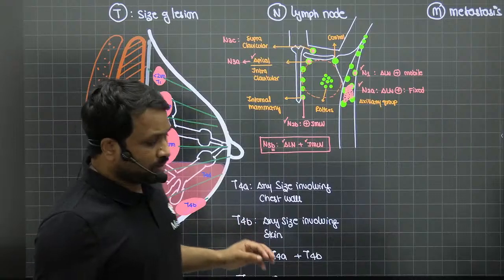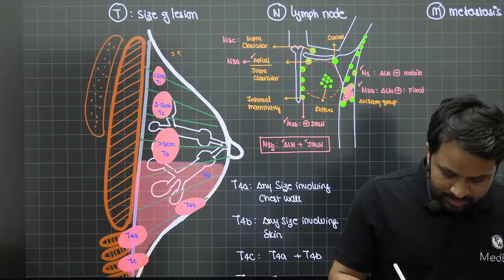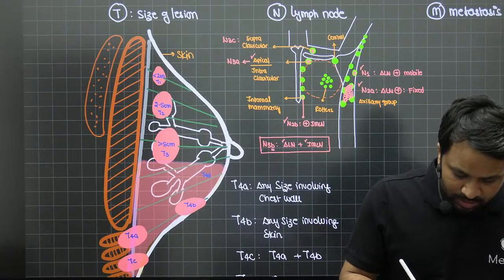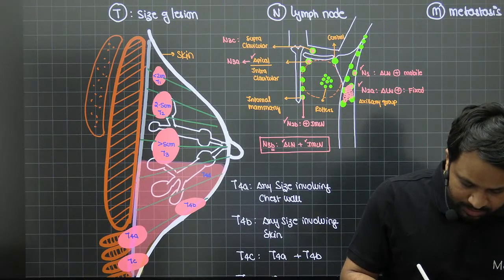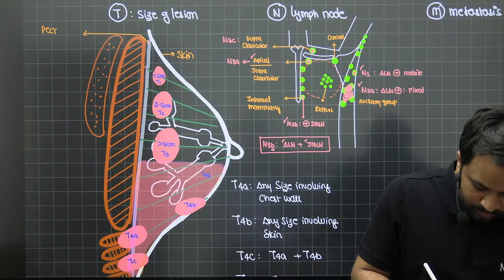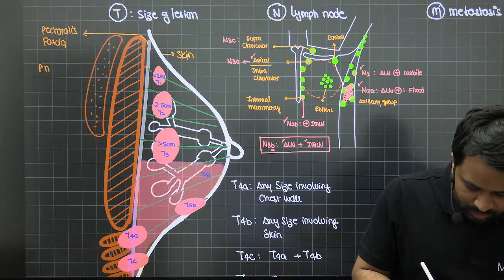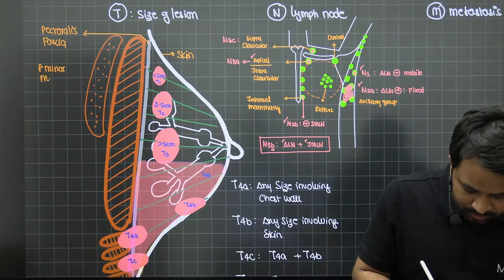Okay? Now, if you are wondering, we did not label here. I'll label it quickly. This is the skin that we're talking about. This happens to be the pectoralis fascia. This is your pectoralis minor muscle.